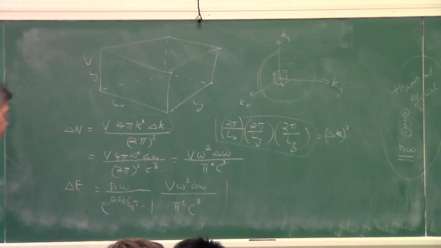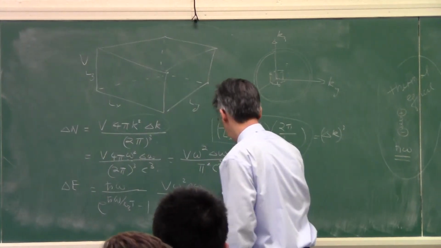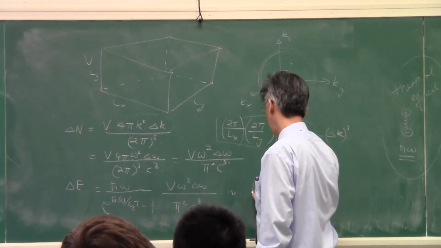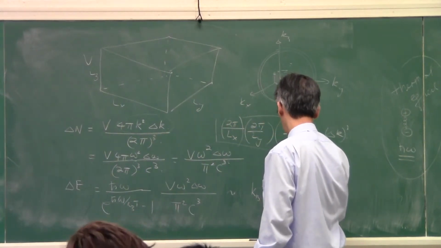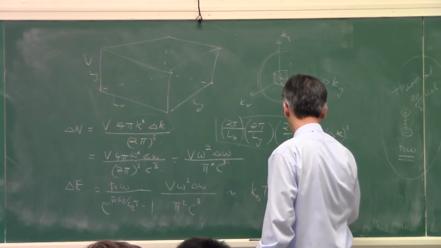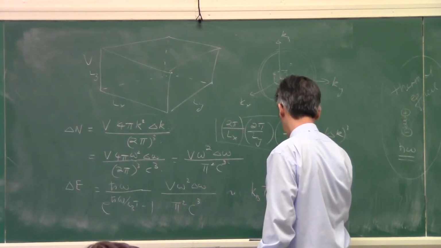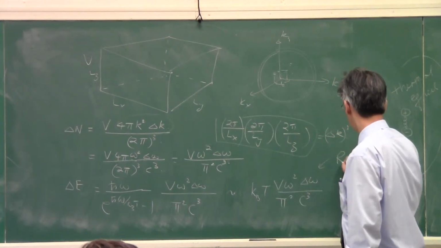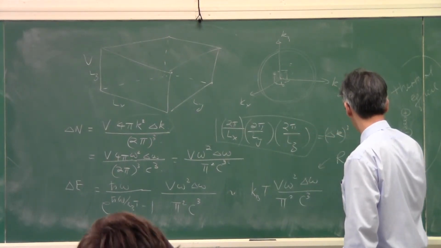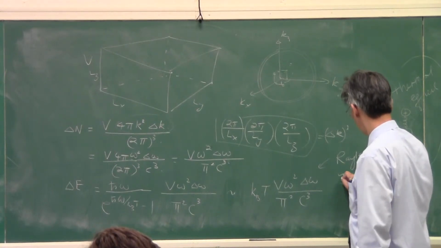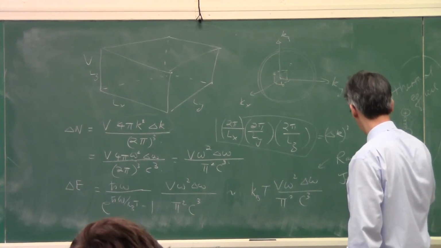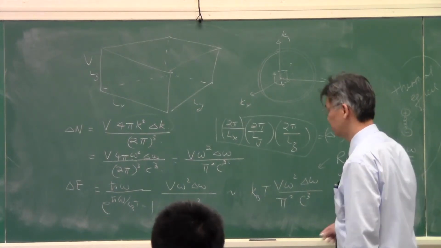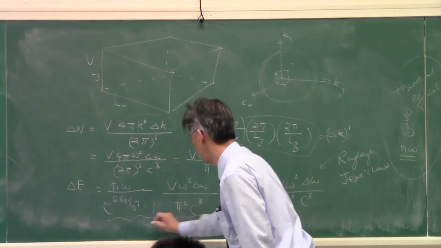Okay, so if h bar goes to 0, this will be kBT V omega squared delta omega over pi squared c cubed. This is known as the Rayleigh-Jeans law. This is known as Planck's law.